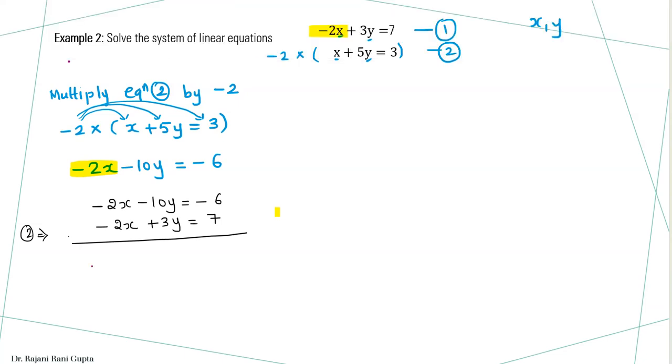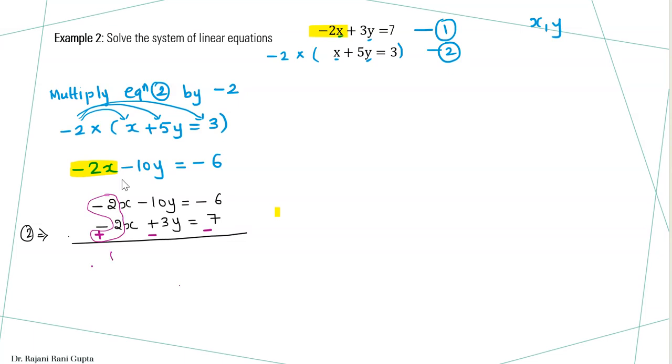So for subtraction, we change the sign. Now this is minus, we make it positive. And this positive, we make it negative. And here also negative. So, if you look at the coefficient of x, minus 2, and from the second equation you have to take plus 2 because the sign has been changed.